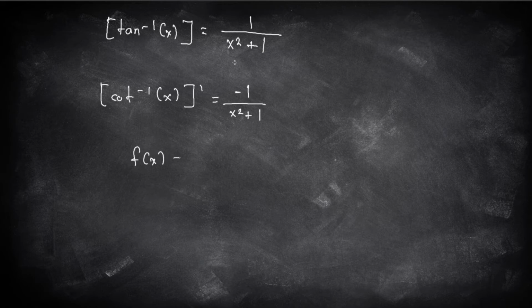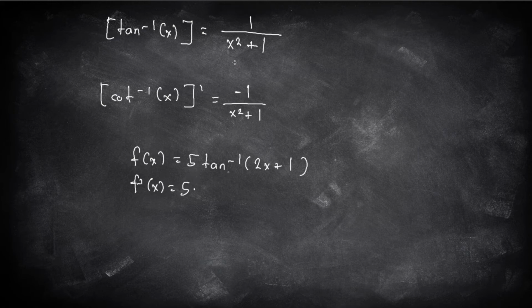So f of x is equal to 5, and let's work with tangent, so inverse tangent of 2x plus 1. This might seem complicated, but if we have a function inside, we chain it. The 5 is a scalar, so we don't have to worry about it.